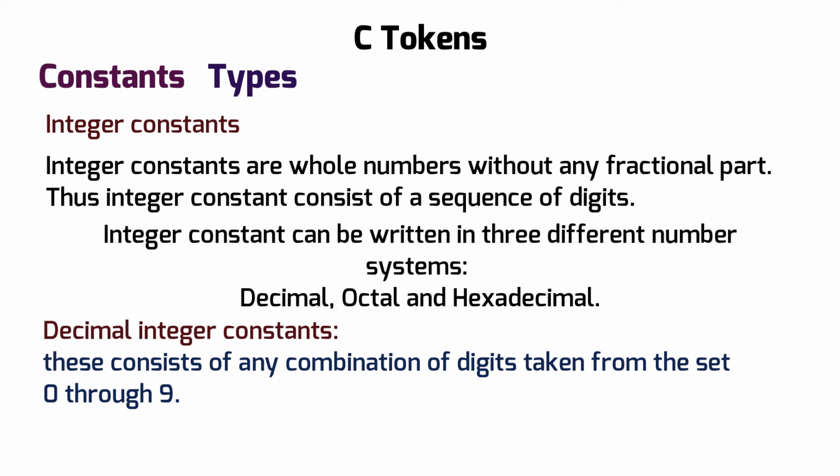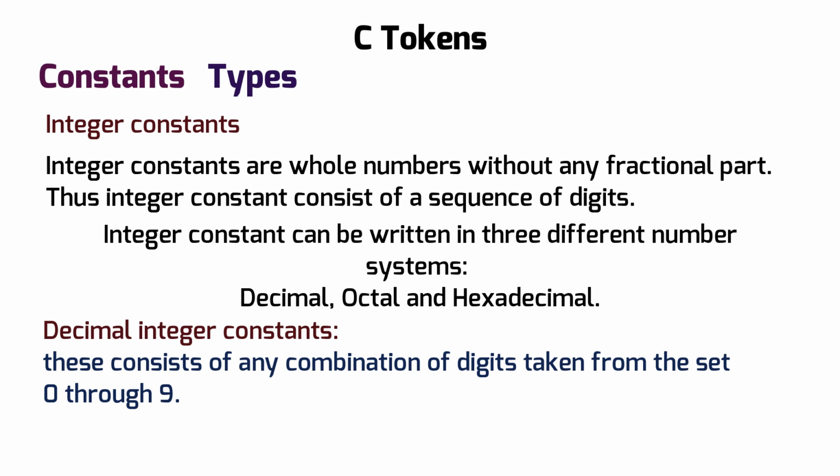Then a decimal integer constant consists of any combination of digits taken from the set 0 to 9. If the decimal constant contains two or more digits, the first digit must be something other than 0.